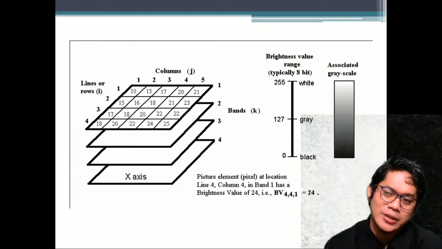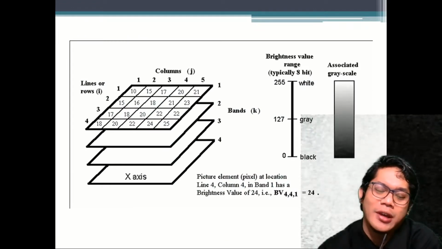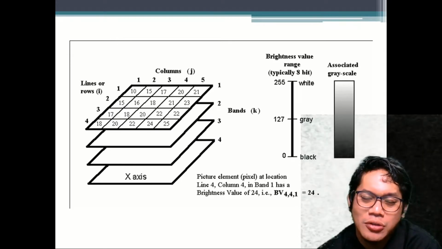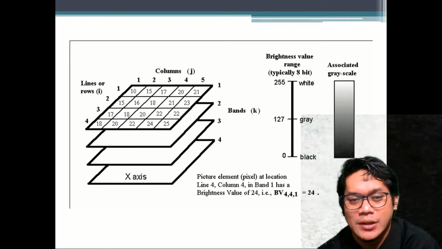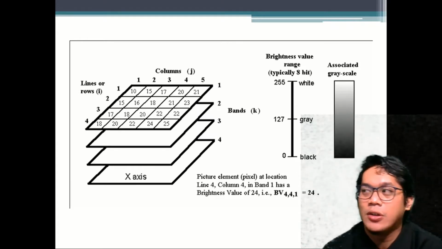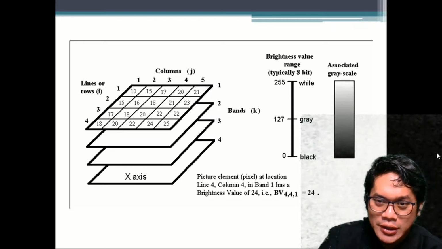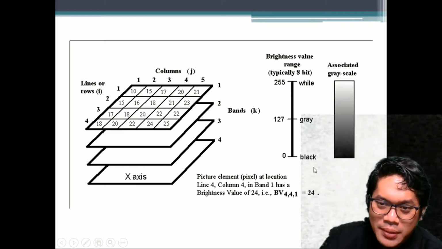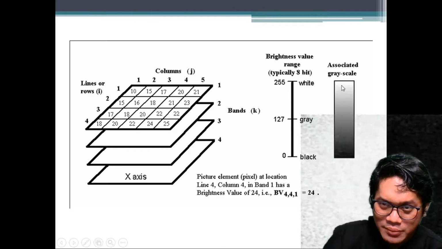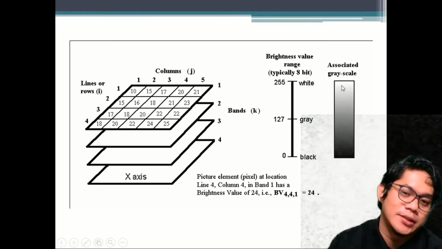As we know, the computer will not store any names, it only stores figures. These figures are basically a representation of the intensity of the reflectance. As you can see here, 0, black, means no reflectance at all. The white one, 255, means the most reflectance.